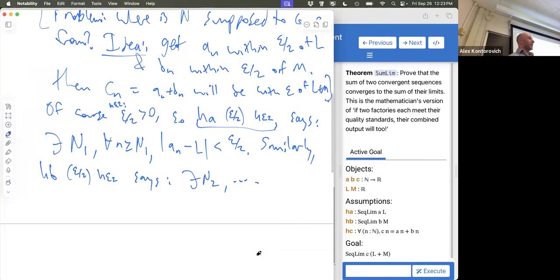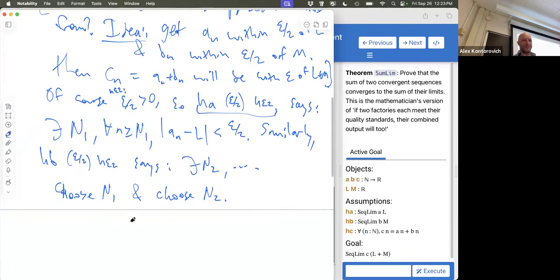So what can we do? We know that those things exist. Akil: we have to use n that is greater than or equal to both of them. We know that those N1 and N2 exist. Let's choose them. So choose an N1 and choose an N2. Okay, so now we have them. And now we are proposing something. So use N equals what?